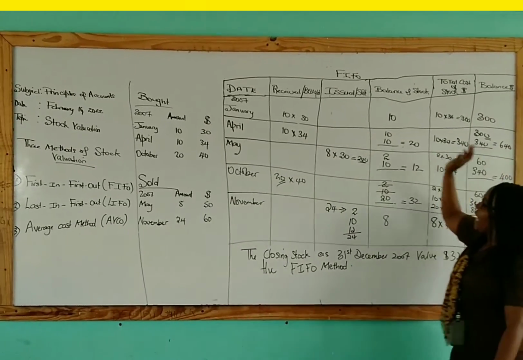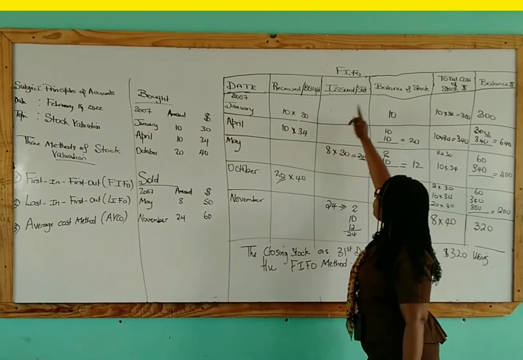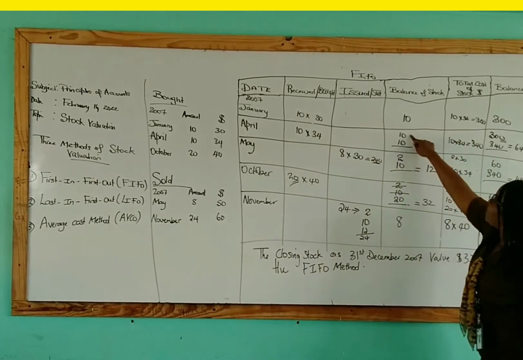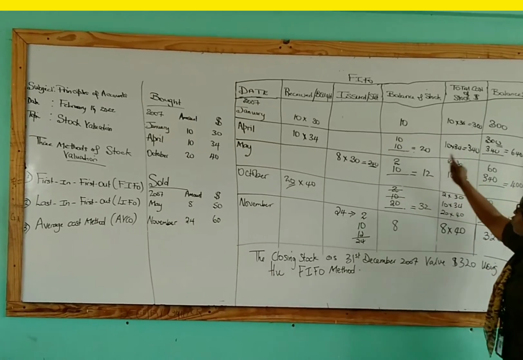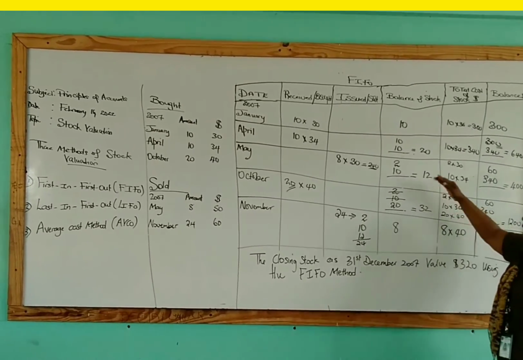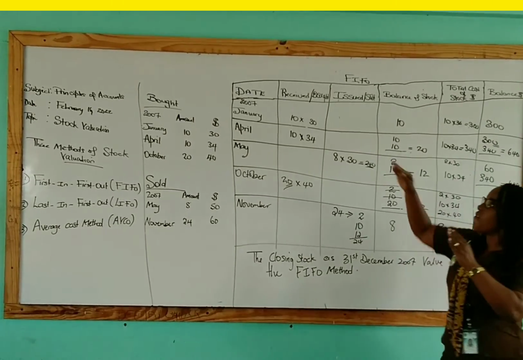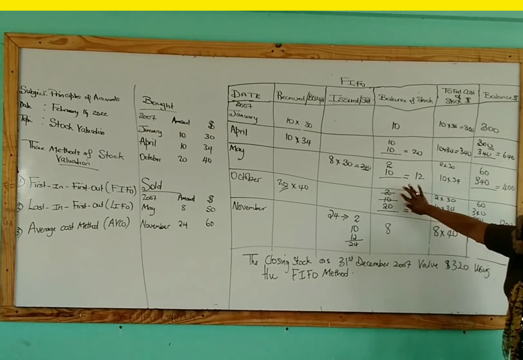In May, we decided to sell something. Remember, we're doing FIFO, so we have to sell 8 from the 10. So 8 from the 10 leaves 2, and then we still have April stock. That is the reason why we have 12 in our storeroom. And we continue in that order. Remember, your aim is to get the first stock out. So once the first stock is finished completely, you start touching the other stock.